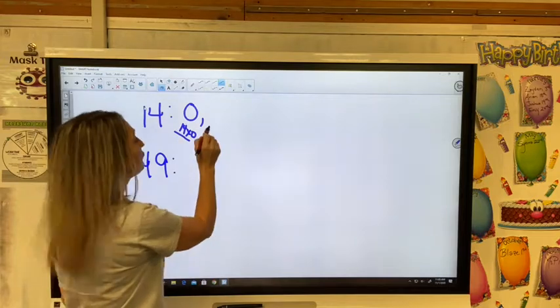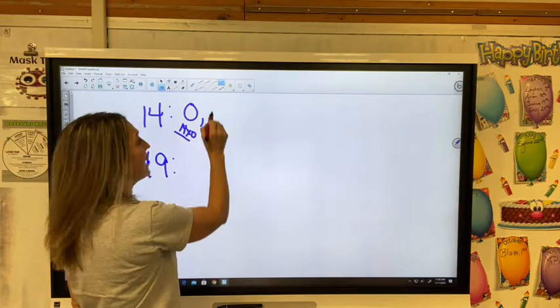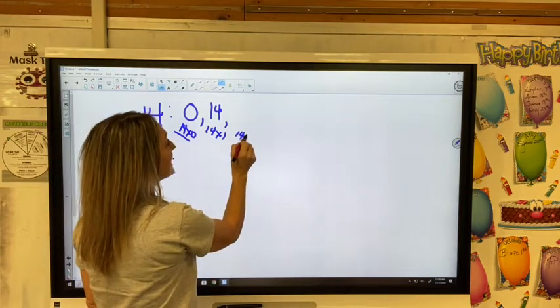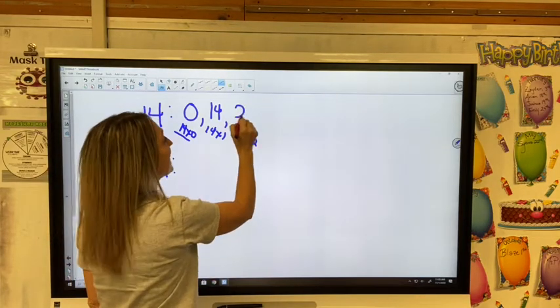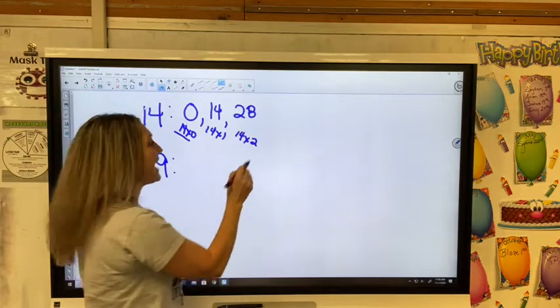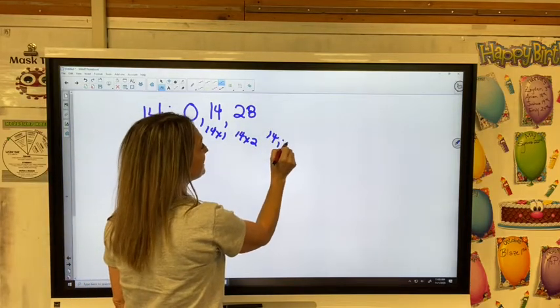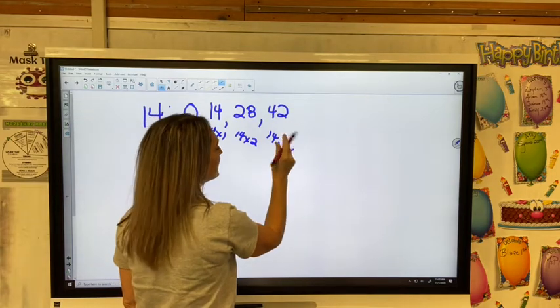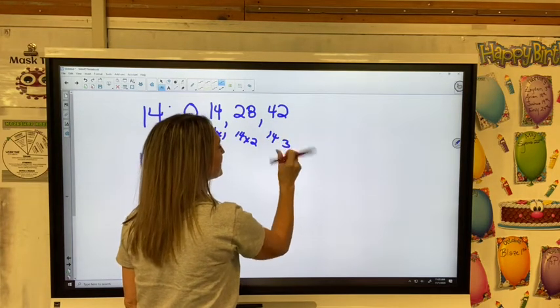Then we're going to do 14 times 1, and that gives me 14. 14 times 2, and that's going to give me 28. 14 times 3, that's going to give me 42. Oopsie, I put a comma there. Sorry, I meant a multiplication sign.